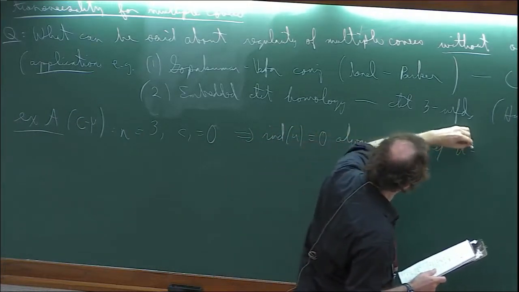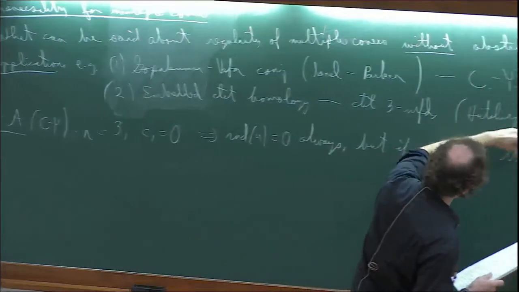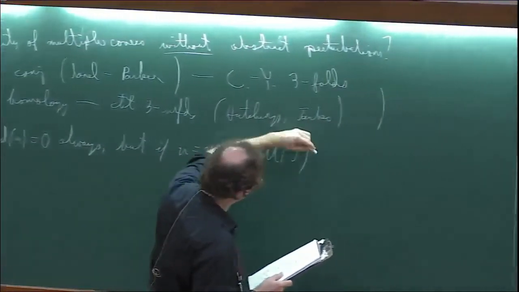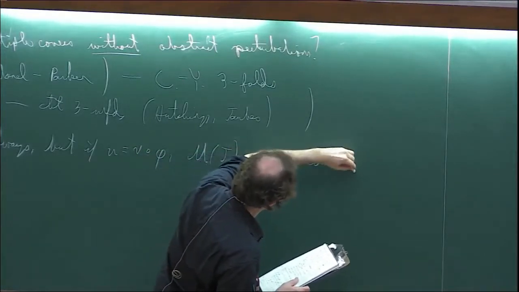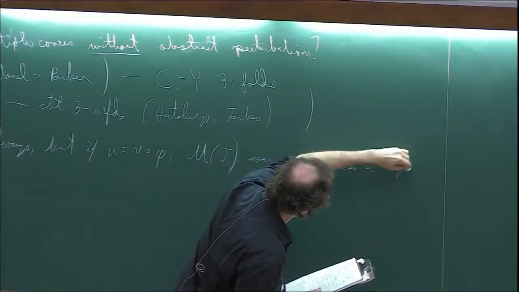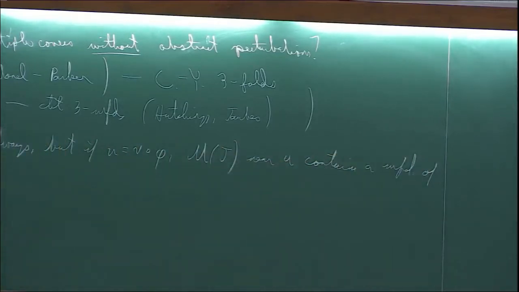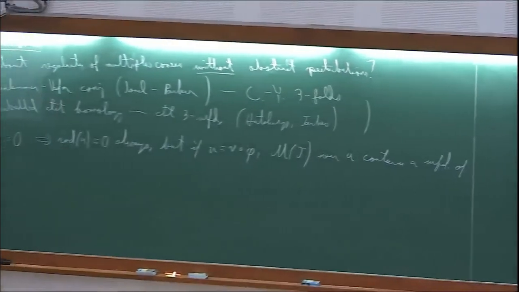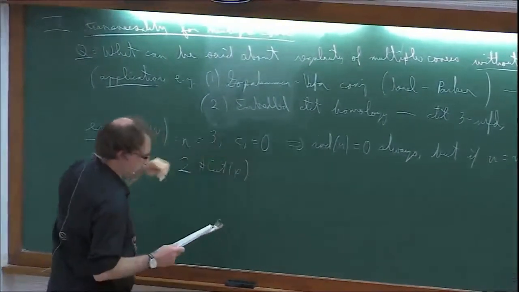But if we have a curve that's multiply covered, u equals v composed with phi, then we made this observation that the moduli space M of J near u contains a manifold of dimension 2 times the algebraic count of critical points of the branched cover.